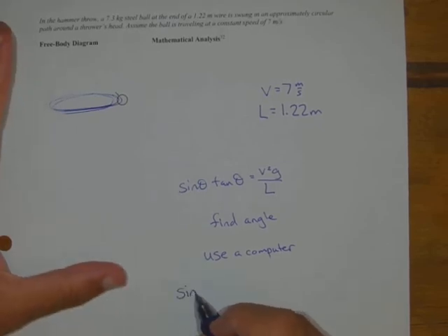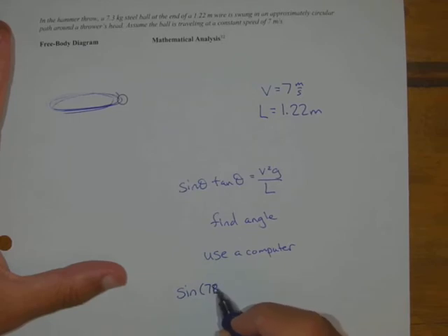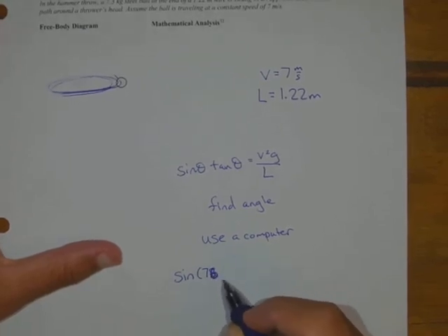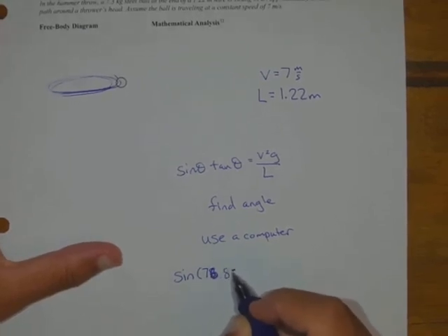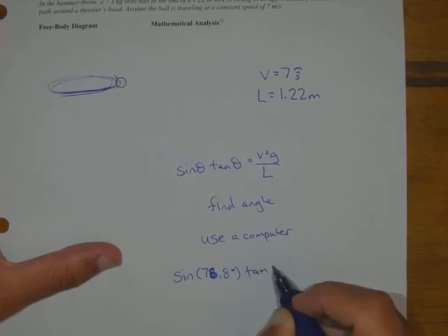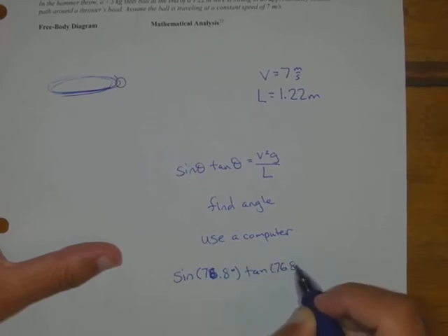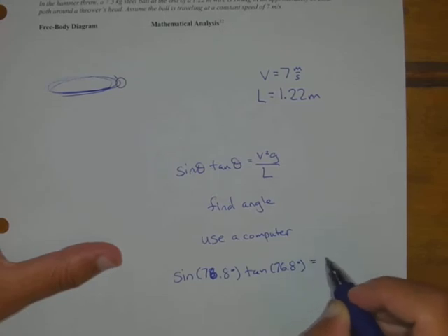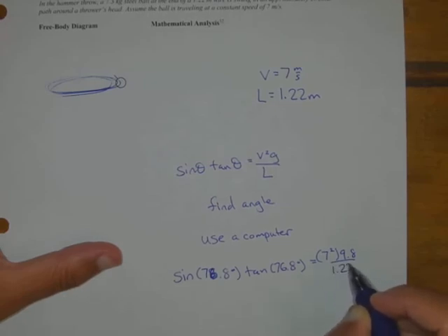So check that sine of 76.8 degrees times tangent of 76.8 degrees is equal to 7 squared times 9.8 divided by 1.22 meters.